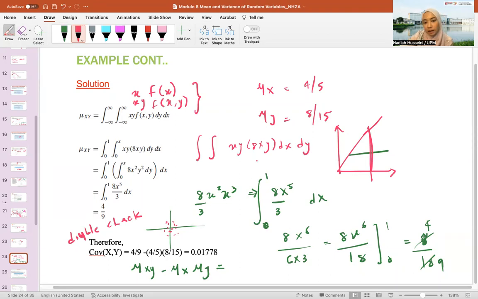My inner integral is x, so I have to sum over all the values of x, but I am limited by y because y is the outer integral. All the values of x refers to the green line, which goes from x to 1. So this is x to 1.